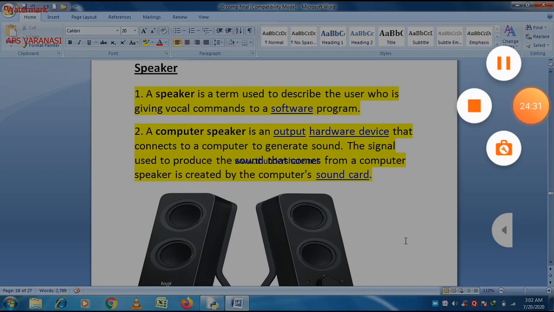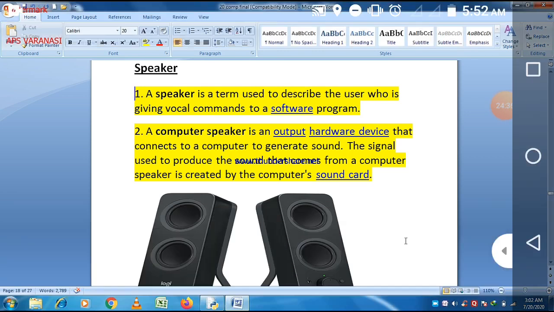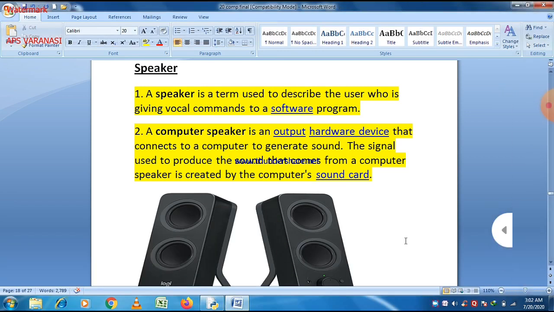So these are all output devices which we discussed in this lecture or in the previous lecture. So now one question is raised in your mind, that what type of questions are asked regarding output devices.